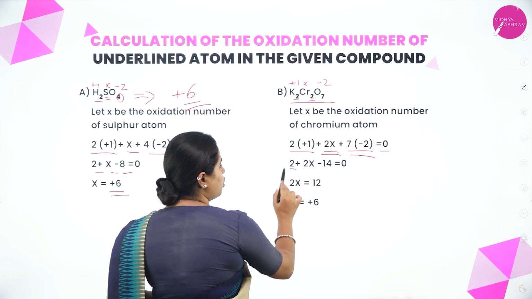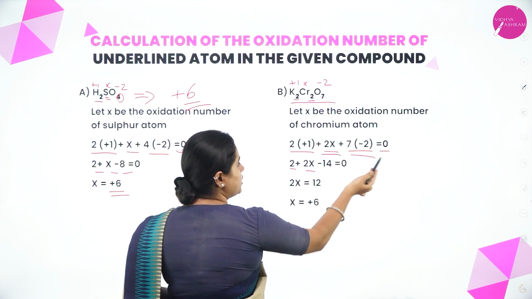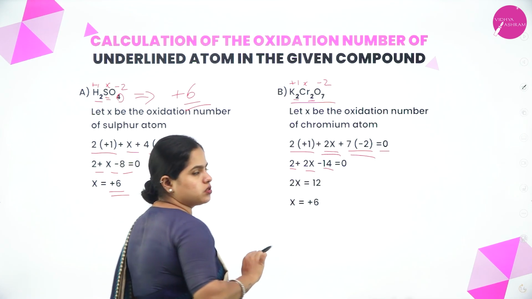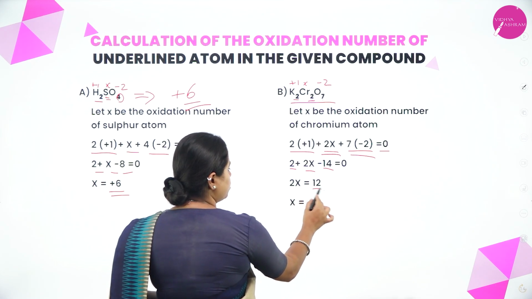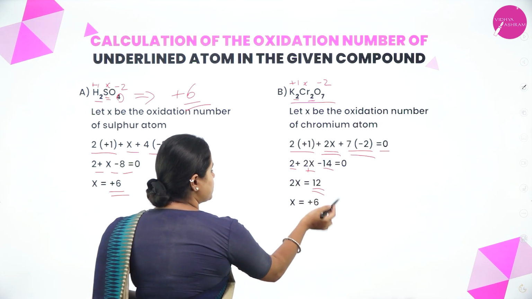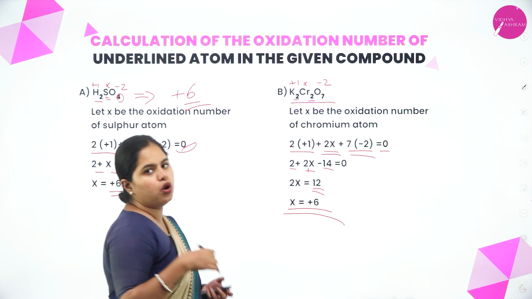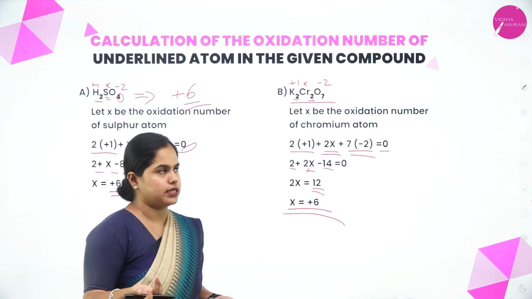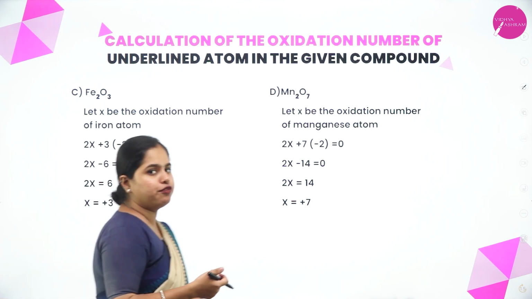So 2 into 1 is 2, 2x again here, 7 into minus 2 is minus 14, equal to 0. Minus 14 plus 2 is minus 12. Taking minus 12 to the other side, it becomes plus 12. So 2x is equal to 12 and x will be equal to plus 6. So the oxidation number of chromium is plus 6. Now moving on to the next one, that is Fe2O3.